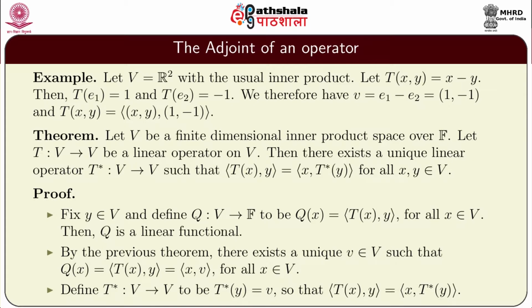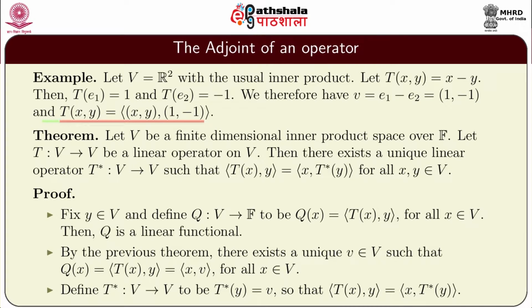Let us look at this example where V is R2 with the usual inner product. Take the linear functional T of (x, y) equal to x minus y. Then T of e1 is 1 and T of e2 is minus 1. Therefore, by our construction of v as in the previous theorem, v is given by e1 minus e2 and that is (1, -1).